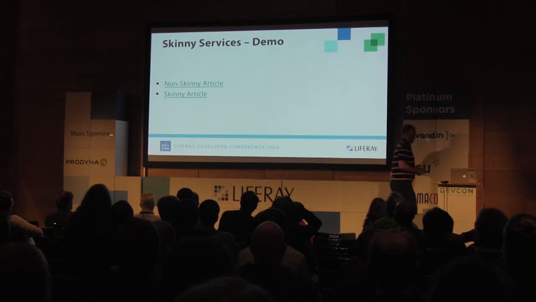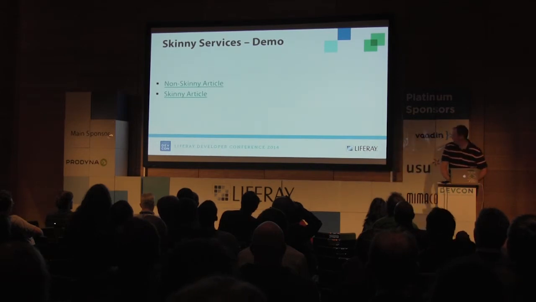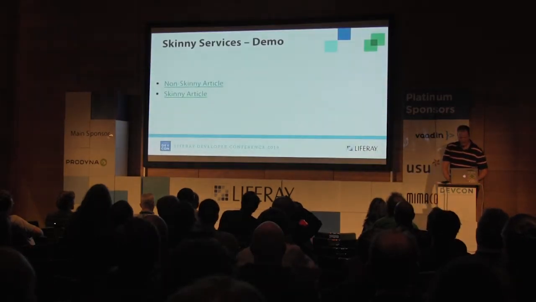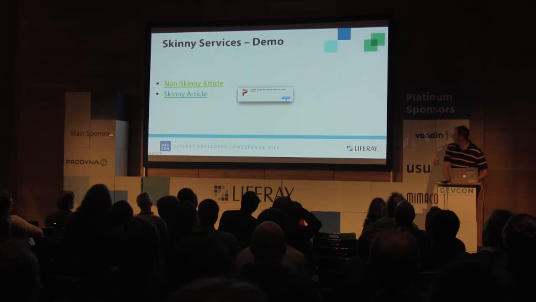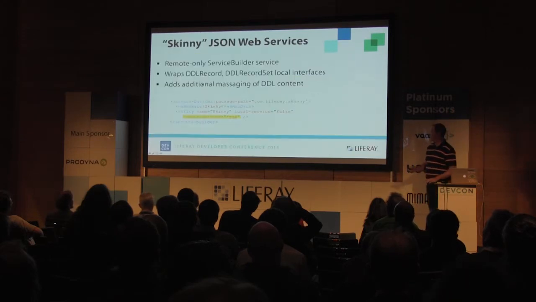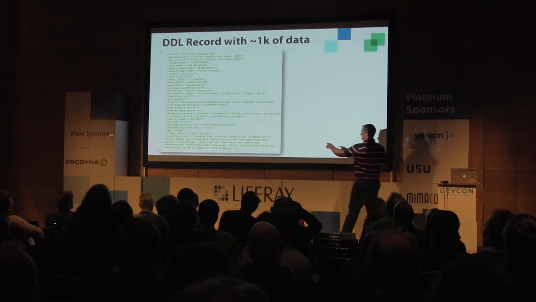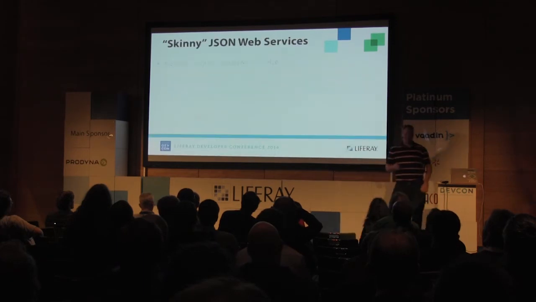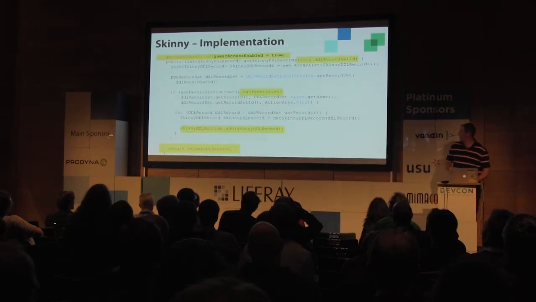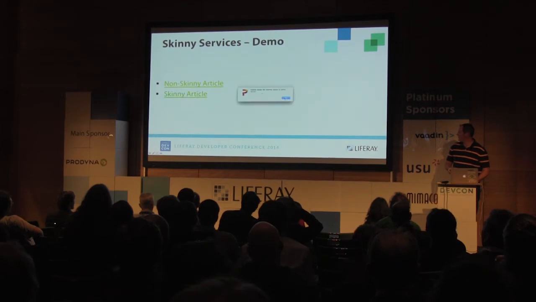So here's two examples real quick. If I click on, this is the non-skinny version. Uh-oh, that's not a good sign. Am I offline? Okay, well anyways, the non-skinny version would return that ginormous thing. Trust me, it's pretty ugly, and you've probably all seen it before anyways. So let's see if the skinny version works. Nope. I'm not sure why that's not working. Those are just URLs, so I'm not sure what's going on there.